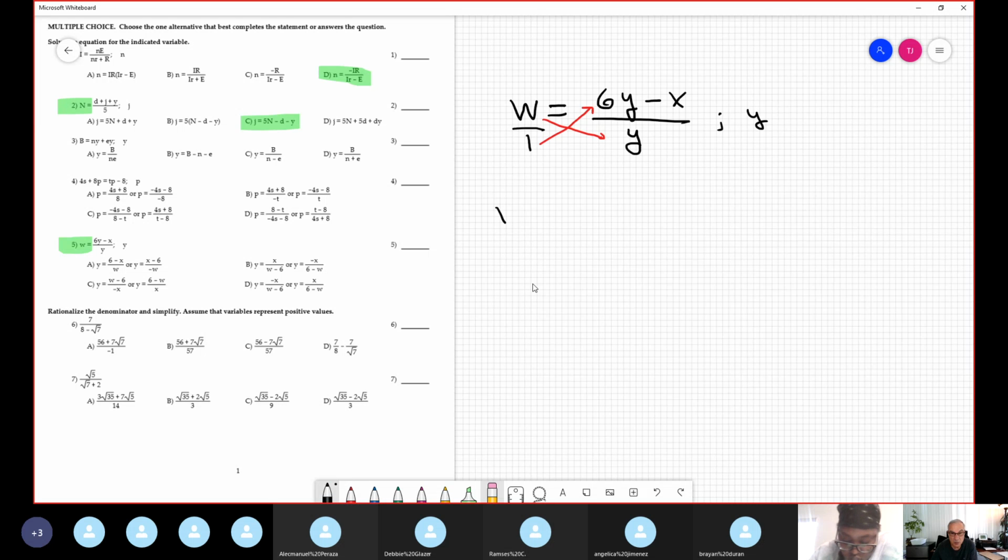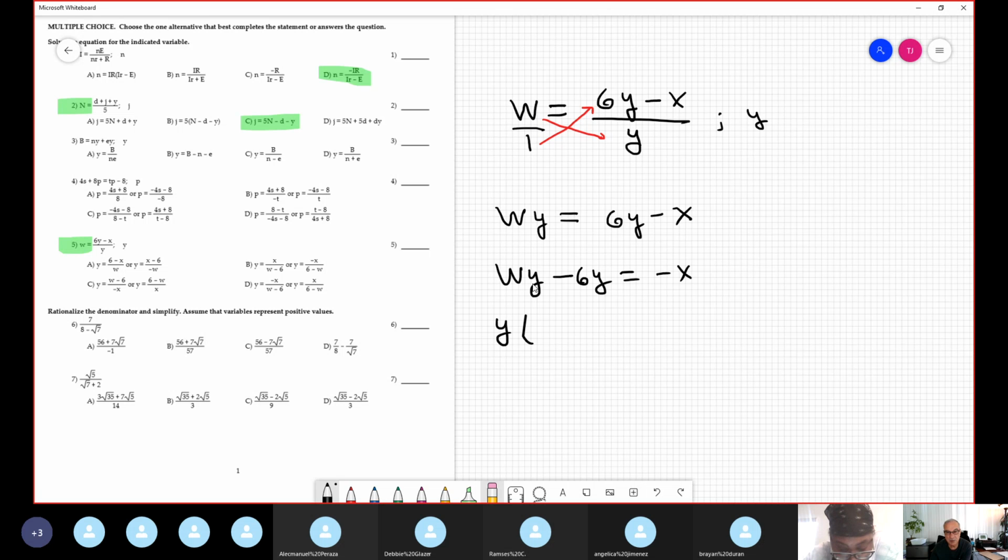Then wy is equal to 6y minus x. My goal is to solve for y, therefore I move 6y: wy stays here, minus 6y equal minus x. Factorization: y times (w minus 6) is equal to minus x. Finally, divide both sides by w minus 6.